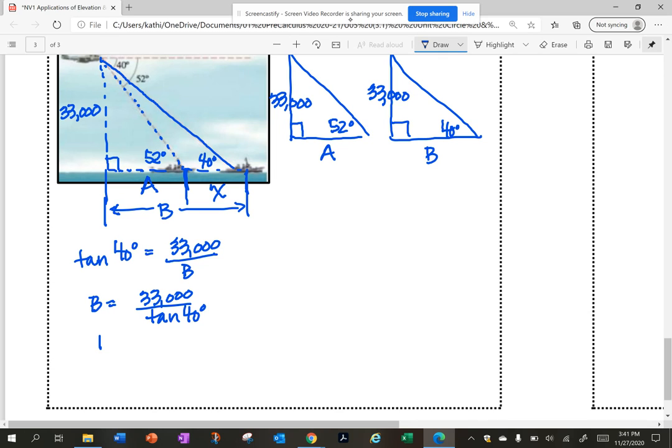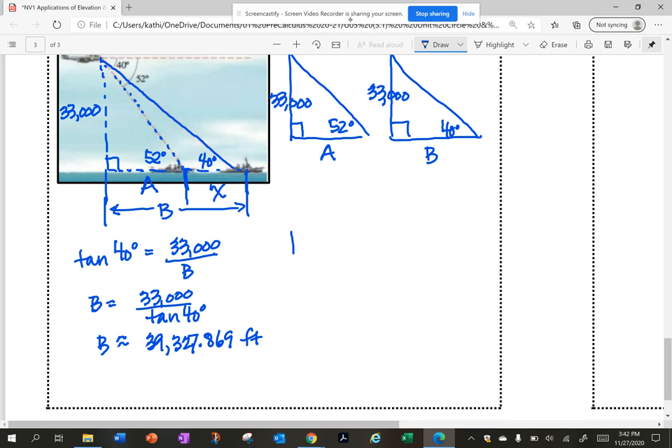So B is approximately 39,327.869 feet. We went around 3 decimal places.